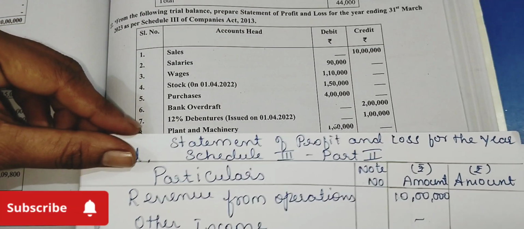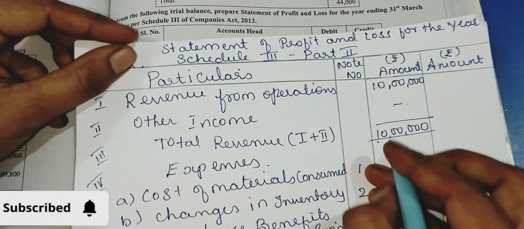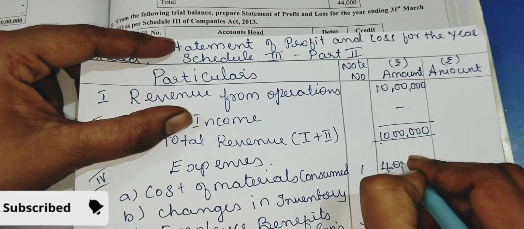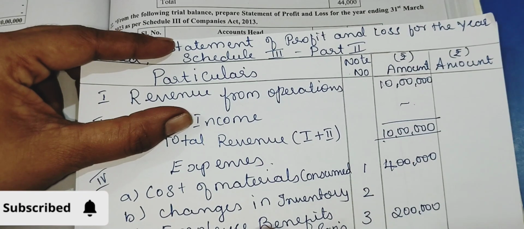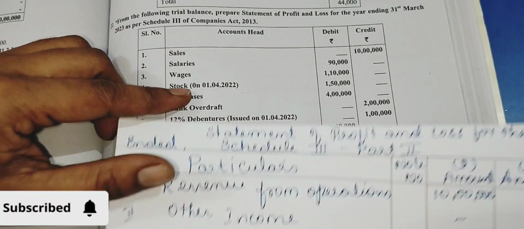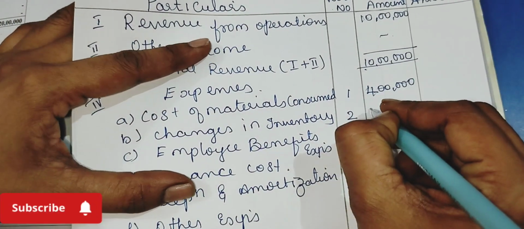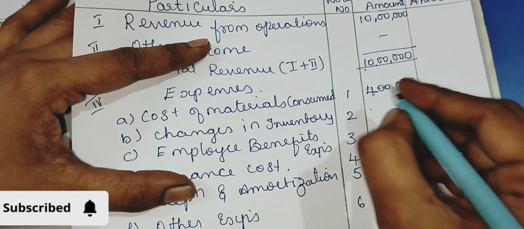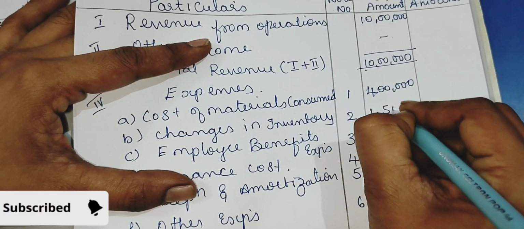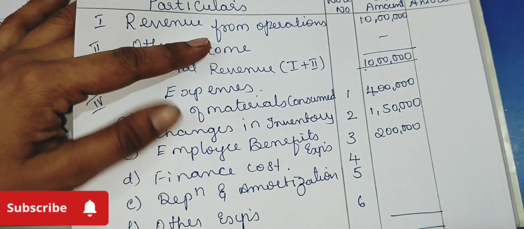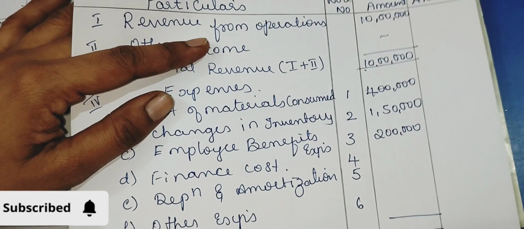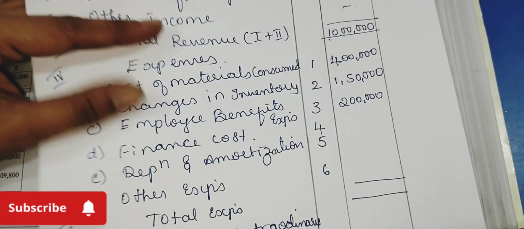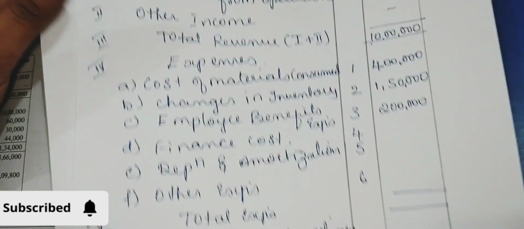Material consumed, purchases. Purchases is 4 lakh. And changes in inventory, only opening stock is there. So opening 1,50,000 minus nil. Closing stock is the same 1,50,000 we are recording. Finance cost, we have already calculated, that is 12,000.